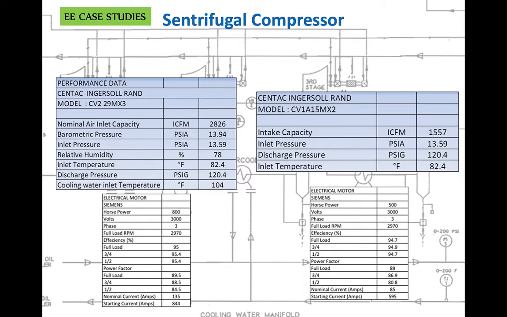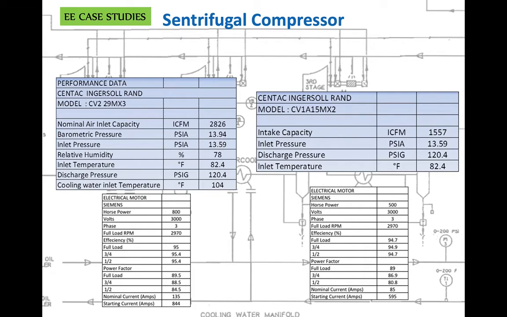As you can see, the nominal air inlet capacity for compressor 1 is around 2,826 cubic feet per minute, and the other compressor has a capacity of around 105,057 cubic feet per minute.